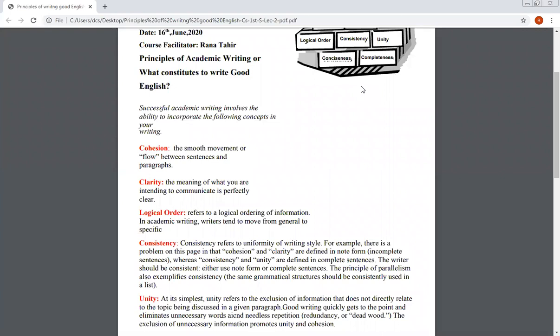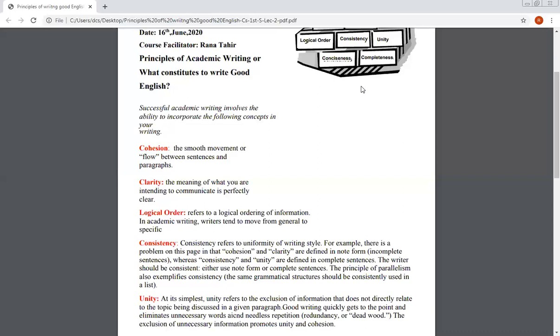So what does consistency stand for? It refers to uniformity of writing style. For example, if there is a problem on this page, in that cohesion and clarity are defined in note form, which is incomplete sentences, whereas consistency and unity are defined in complete sentences.